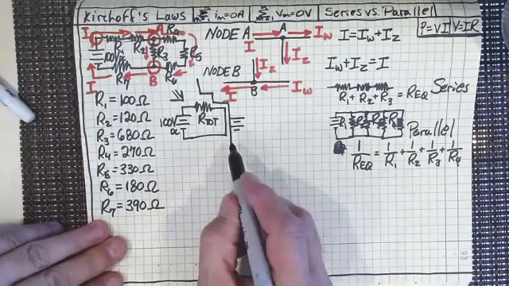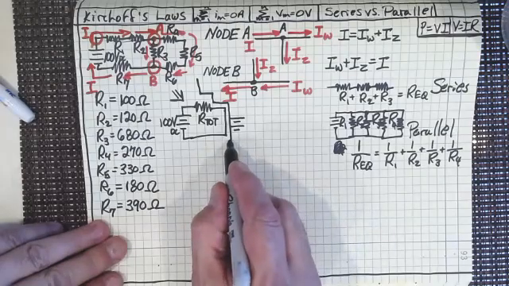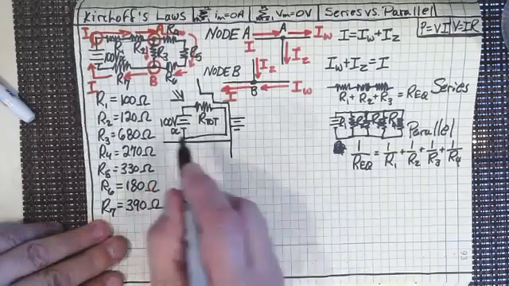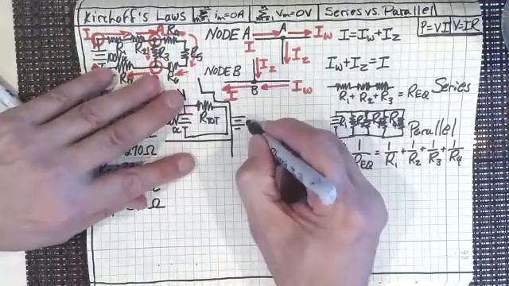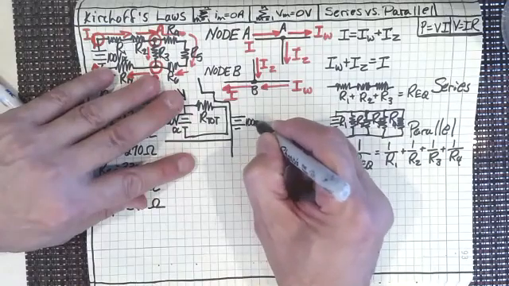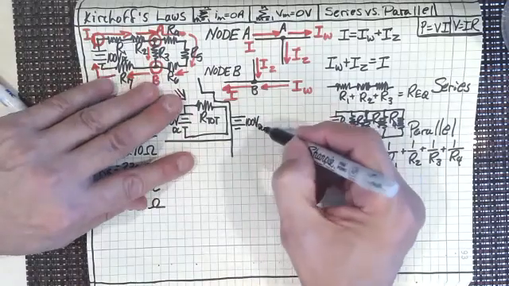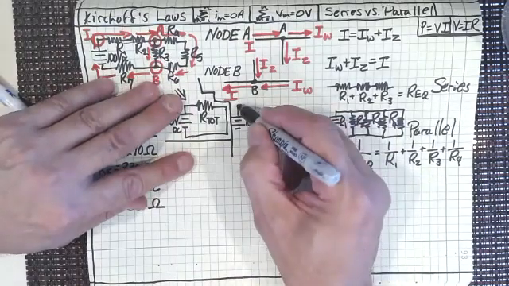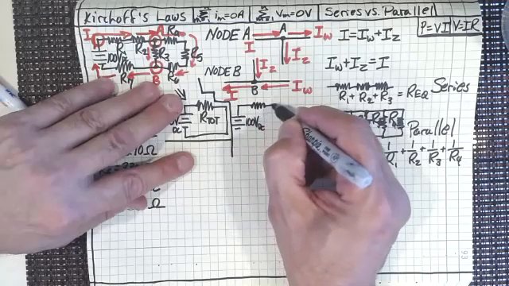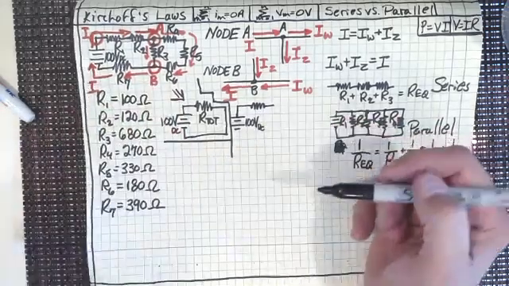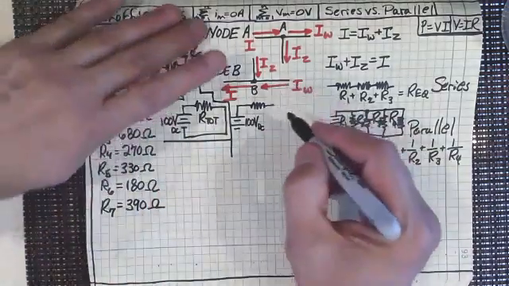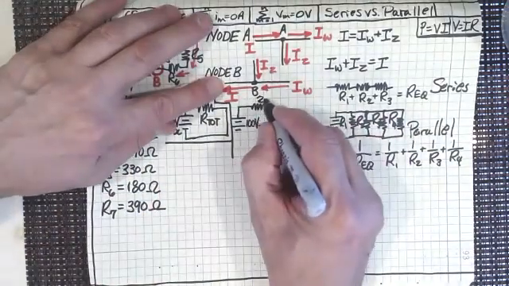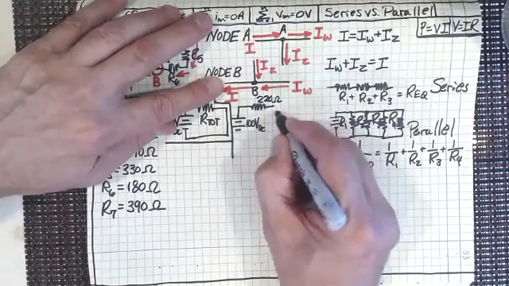Anyway, let's do this. So I've got 100 volts DC, and then coming out of there, I've got now one resistor, right? Instead of two resistors, I'm going to get one resistor because I'm going to take R1 and R2 and add them together. And that's going to give me a 220 ohm resistor.